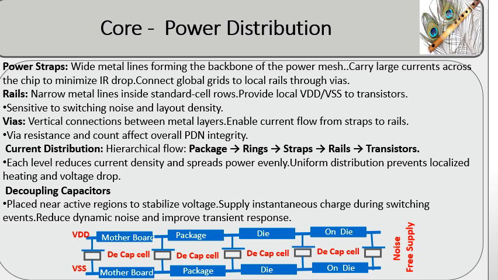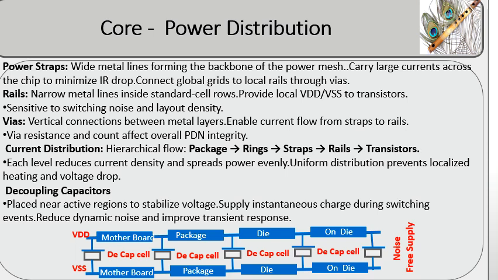This slide illustrates how power is distributed within the chip core through a hierarchical network of straps, rails, vias, and decoupling capacitors. Wide power straps carry large currents across the chip with low resistance and distribute power from the global grid. These straps feed the local power rails, which provide the final VDD and VSS connections directly to the standard cells and transistors.